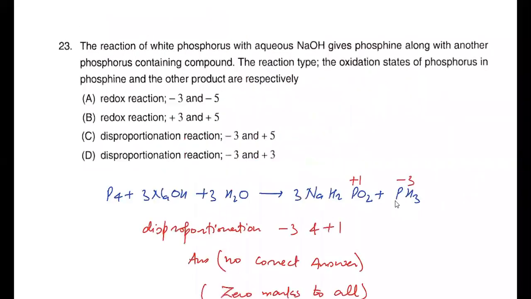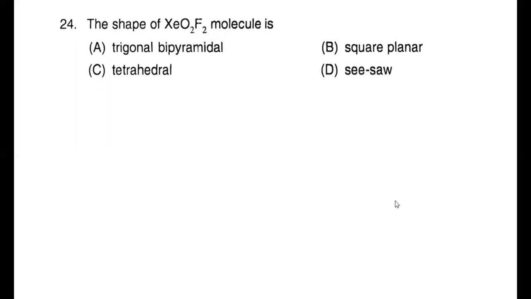Then question number 24 is given: the shape of XeO2F2 molecule. If you draw XeO2F2, xenon has 8 valence electrons. Out of that, 4 electrons are used by oxygen, 2 electrons are used by fluorine, and 1 lone pair will be left. So its answer will be seesaw shape.